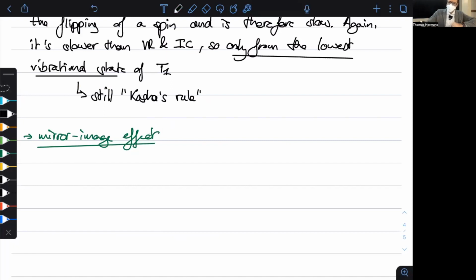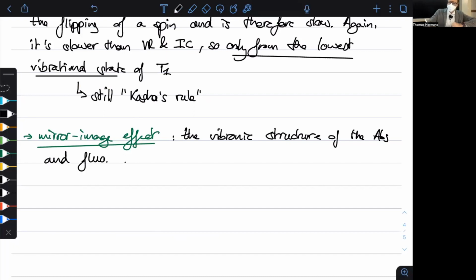It means that the vibronic structure of the absorption and fluorescence spectra look like mirror images. Okay, what does that mean?